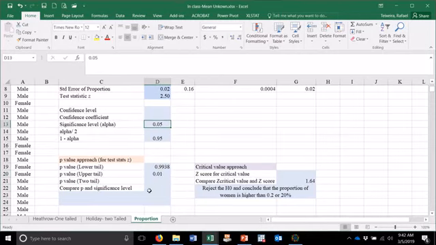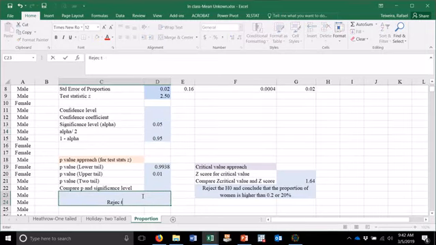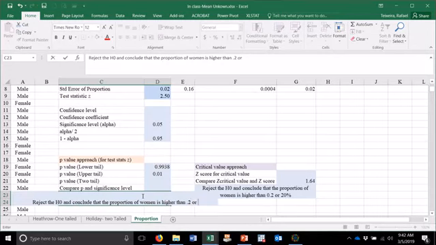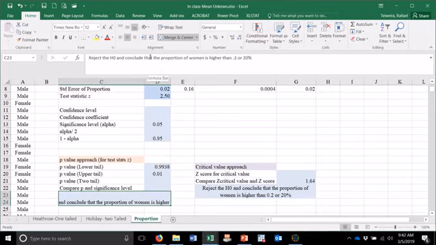The rejection rule says that if this number is smaller than this number, you reject the null. 0.01 is smaller than 0.05, so I go ahead and reject the null and conclude that the proportion of women is higher than 0.2 or 20%. Okay, and then you go here, wrap text, and this format becomes beautiful.